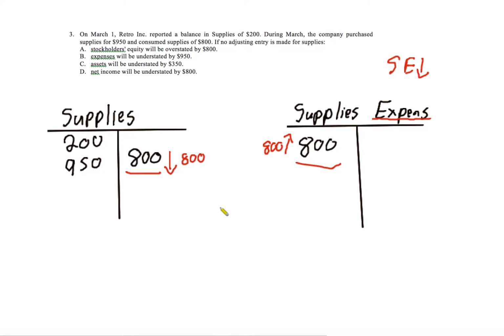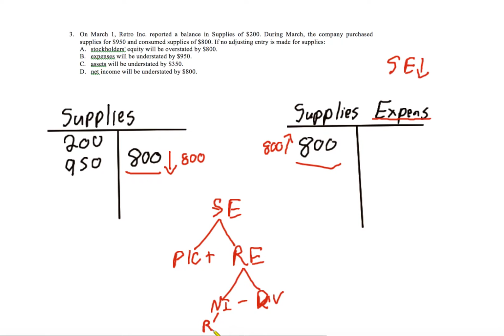And this can be shown if we do stockholders' equity equals paid-in capital plus retained earnings. Then basically retained earnings, it's net income minus dividends. It's supposed to be a D right there. And our net income is revenue minus expenses.